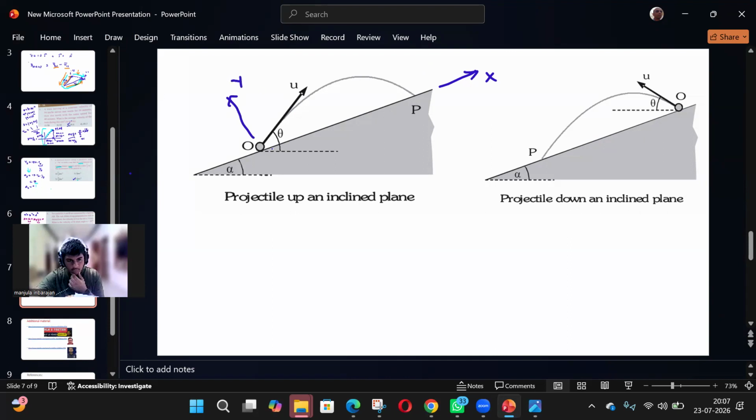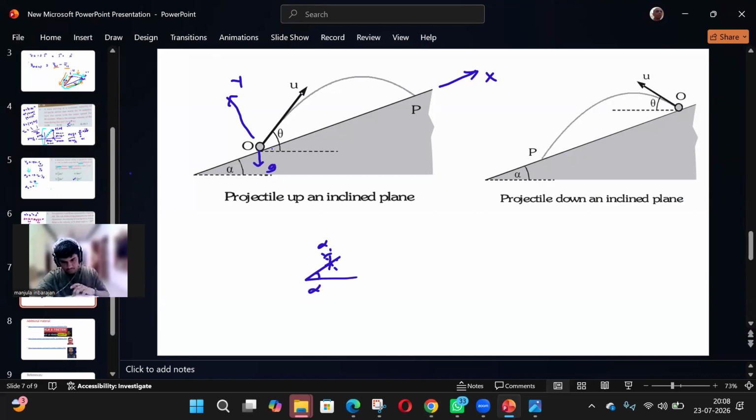But g here, I have to split along this x and y. This is g, vertically downwards. So I'll use the result: the angle between the two lines, the horizontal and the plane, and the angle between the perpendiculars is also alpha. This angle between the perpendiculars is also alpha.